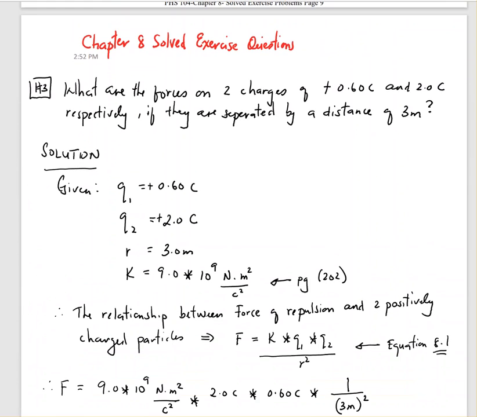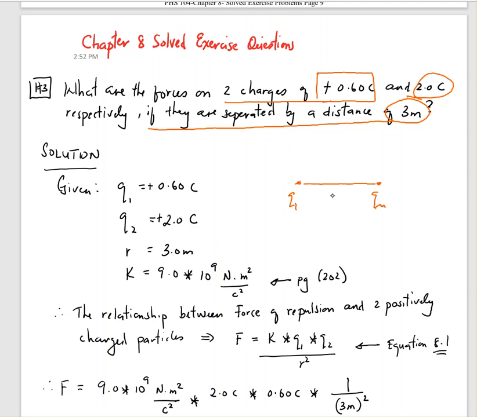Number three, what are the forces on two charges? You have charge 1, which is 0.6 Coulomb, and charge 2 is 2.0 Coulomb, respectively, separated by a distance of 3 meters. So here we have charge Q1 and charge Q2, separated by a distance of 3 meters. To know where all this stems from, there's a relationship for electrostatic forces.